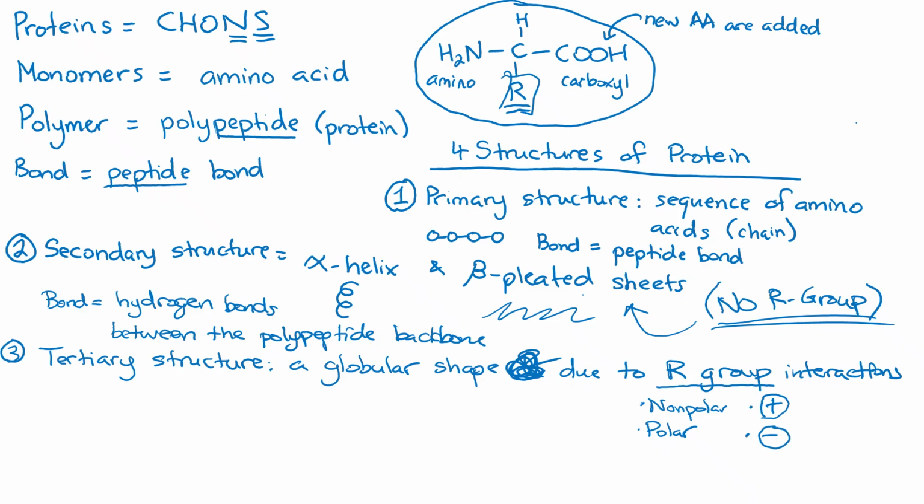Now, these 4 different properties create the 5 interactions you need to know. So I'm going to write it over here, interactions. So the interactions, number 1, hydrogen bonds. Between a polar and a polar group, we would have a partial positive on a hydrogen.